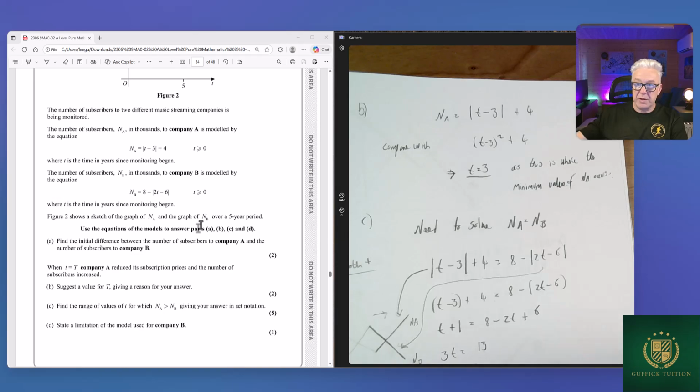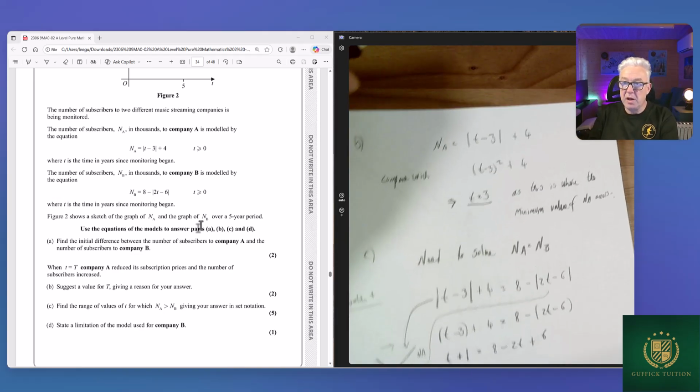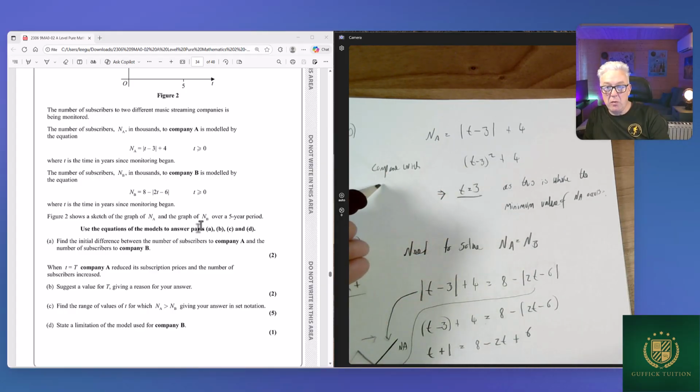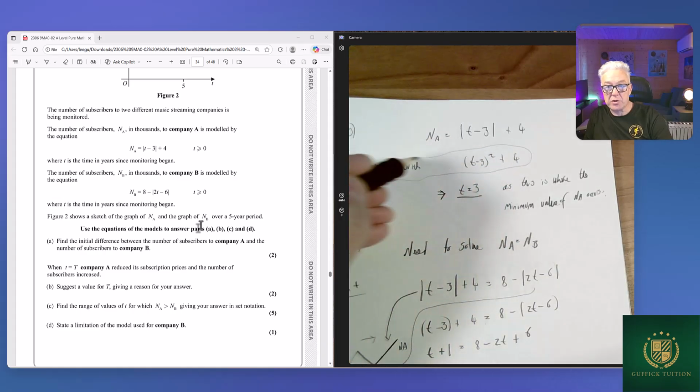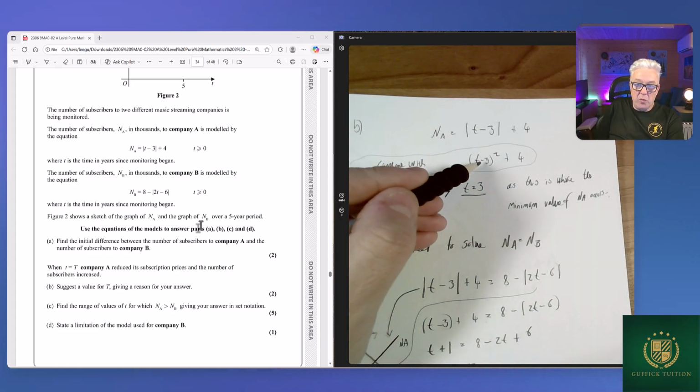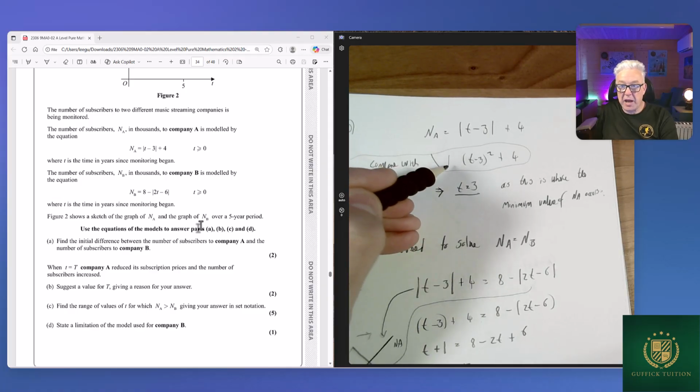Now, what I would say is when you've got a modulus graph and you're trying to find out where the vertex, the pointy bit of the curve is, compare it with what you would do if you were thinking about a quadratic, okay? So if we had t minus 3 all squared, we could see that the turning point of that quadratic would occur when t is 3.